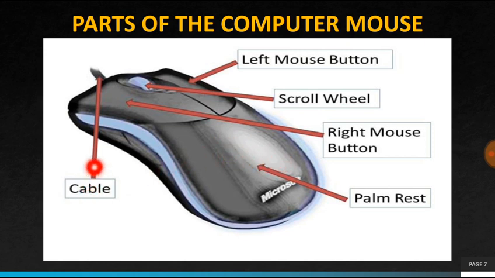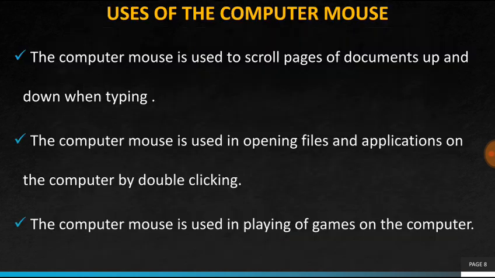Then the cable has a USB port at the end of it, which is connected to the system unit so that you can stretch it onto your table whenever you are using the computer. So these are the main parts. You have to study them well. We have 5 main parts for the computer mouse.